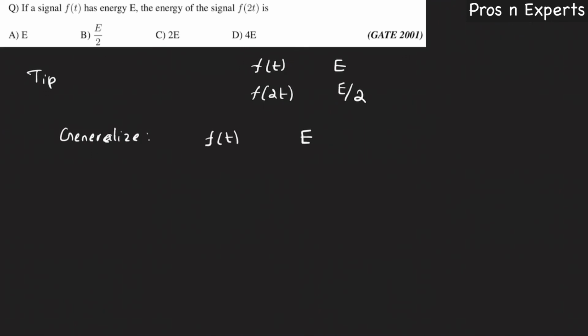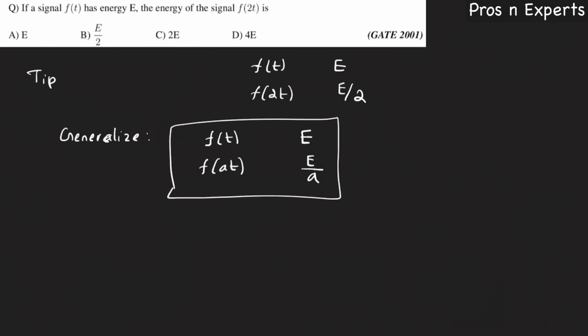And further, I would like to add one more tip here. We got that if f of t has energy E, then f of 2t has energy E by 2, and we could generalize this. If a signal f of t has energy E, then f of at will have energy E by a.